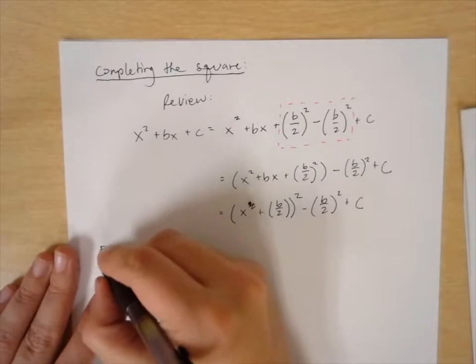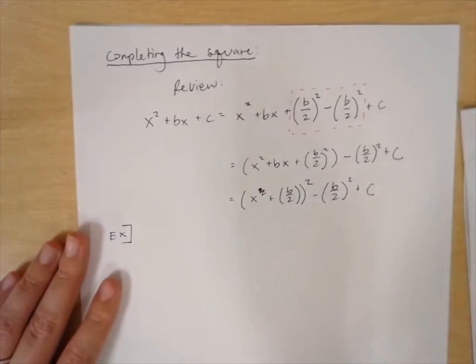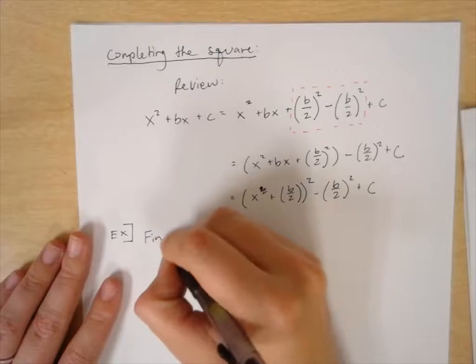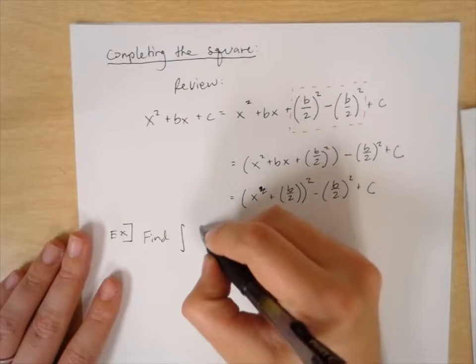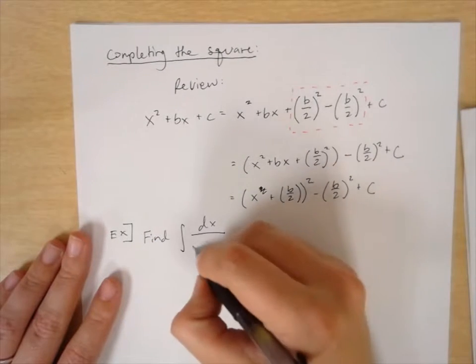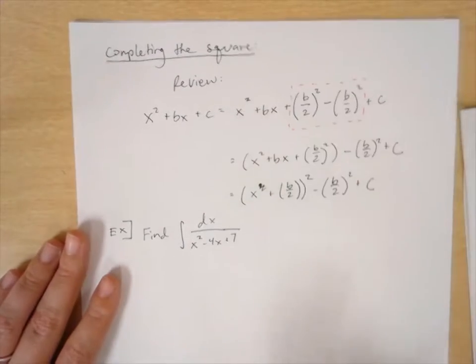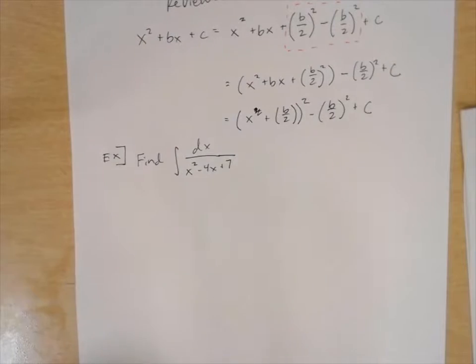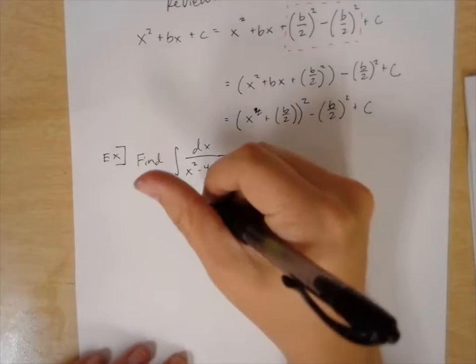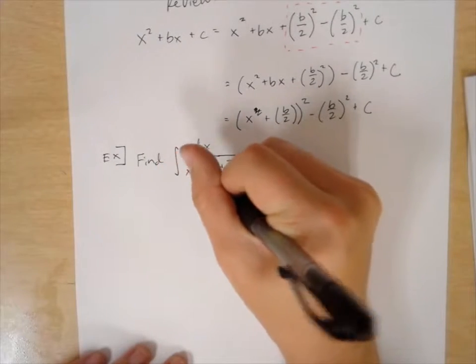Let's do an example of where this would apply. So say we were asked to find the integral dx over x squared minus 4x plus 7. Okay. And then what we need to do there is complete the square. That's the step we're taking.